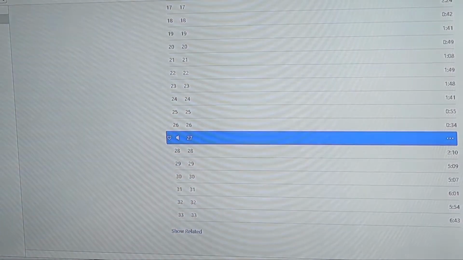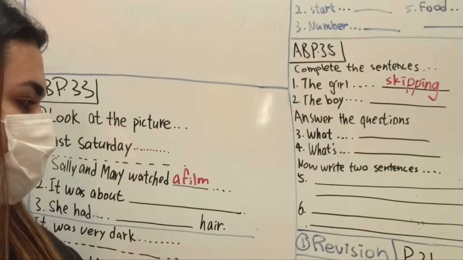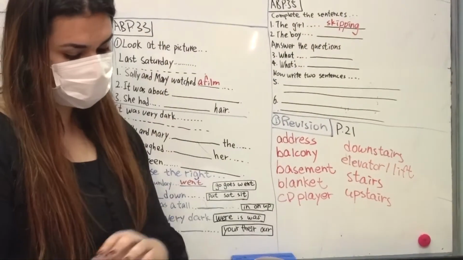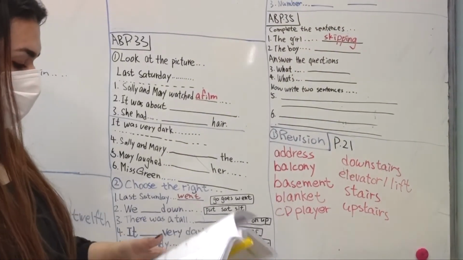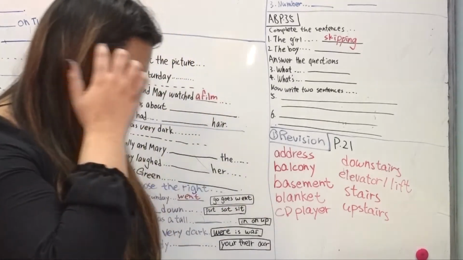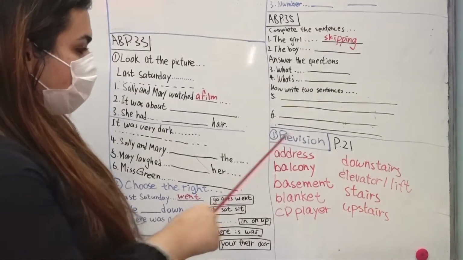Now, let's look at here and turn to your book. This workbook, okay? Page number 21. Remember, I have done some of the words that are hard for you to understand. Let's look at these words, okay?